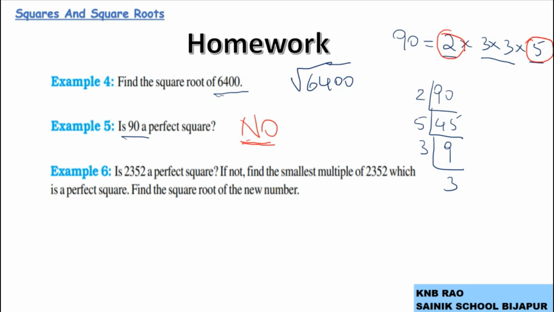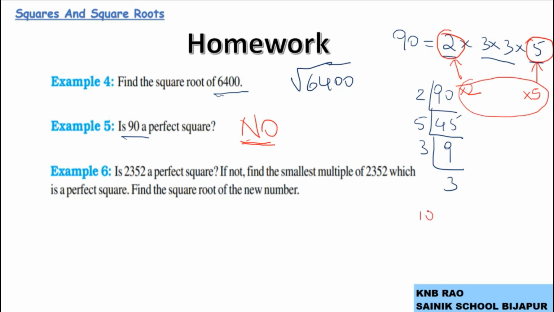Here in this case of 90, I can say you need 1 pair for 2, so I have to multiply by 2, and you need 1 more 5 to make 5 a pair. So the smallest multiple to be multiplied to 90 to make it a perfect square is the product of these two.